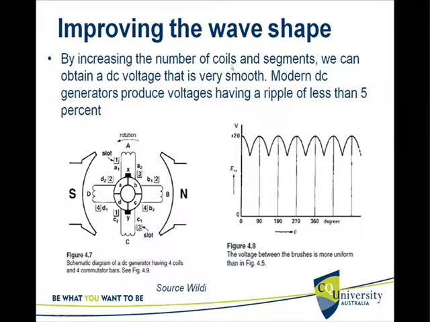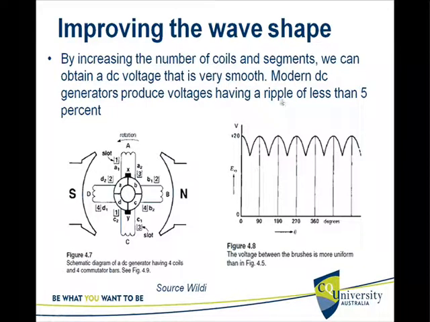By increasing the number of coils and segments, we can obtain a DC voltage that is very smooth. Modern DC generators produce voltages having a ripple of less than 5%. So this one, as you could see, produces this kind of voltage. There is no coming down to 0, but still there is ripple.